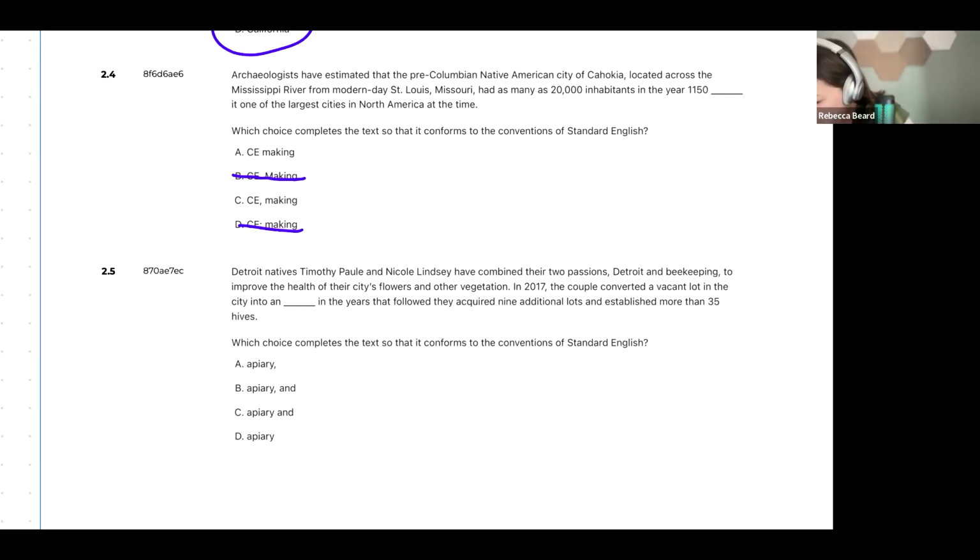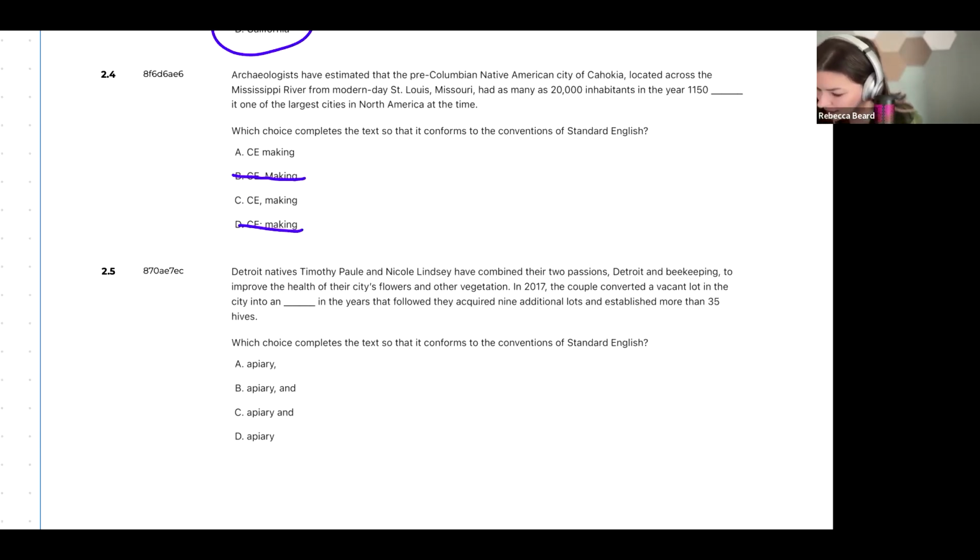So 20,000 inhabitants in the year 1150 is one of the largest cities in North America at the time. So now we're between that comma or no comma. So if we test the comma, we're kind of looking if we need that comma there.